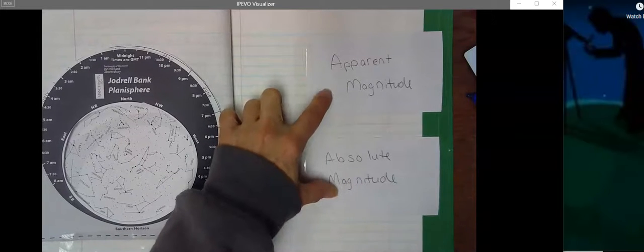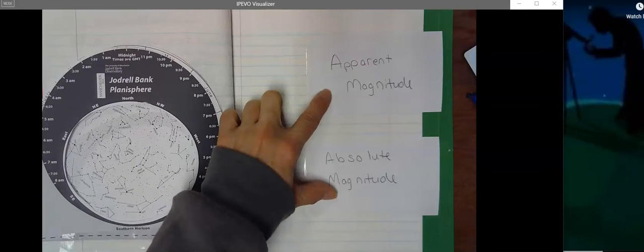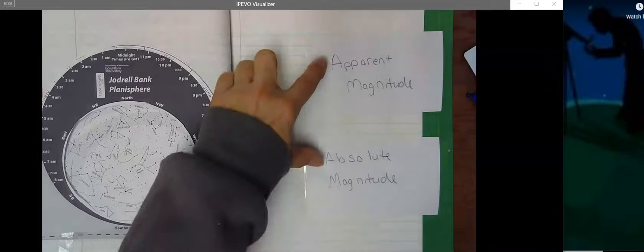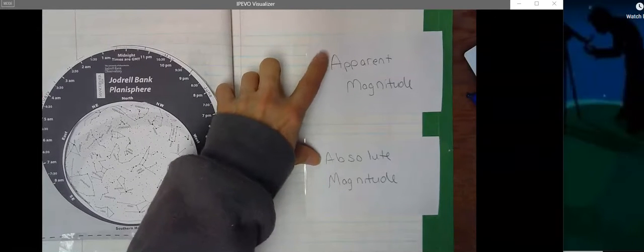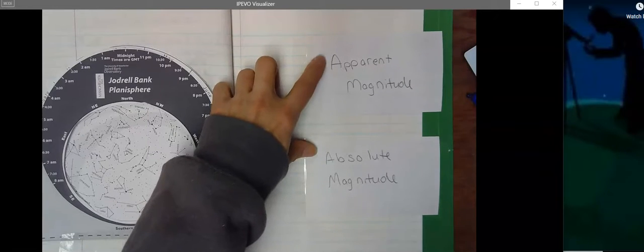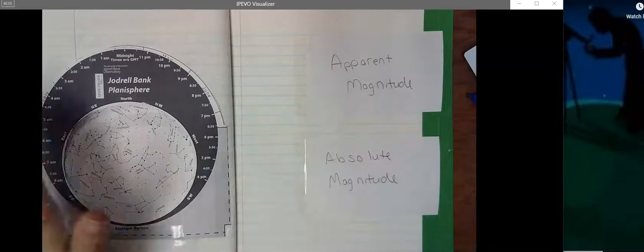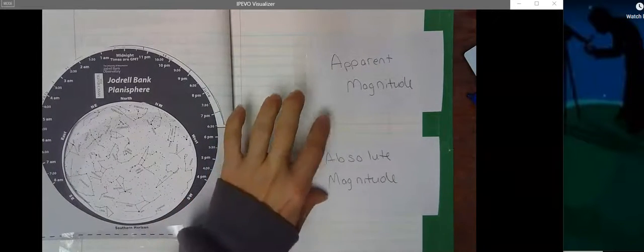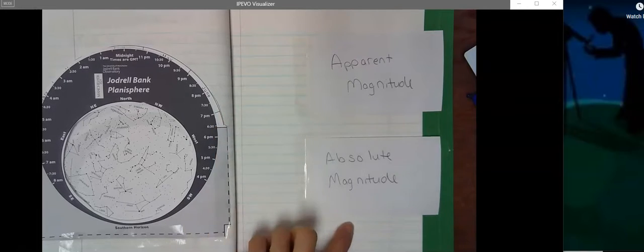The magnitude of anything talks about its size. Apparent means this is the way it looks. Absolute means if we measure it, if we don't pay as much attention to how the thing looks as to how it measures, keeping everything equal, this is how big it is.